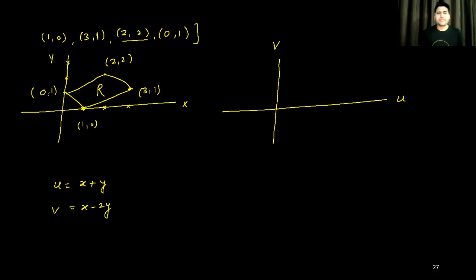Let us transform this. Firstly, I am talking about the point (1, 0). If I put x equal to 1, y equal to 0, what will I get? u equals 1, and v equals 1. So the point will be (1, 1) with respect to (1, 0).